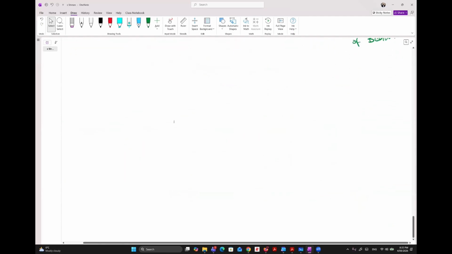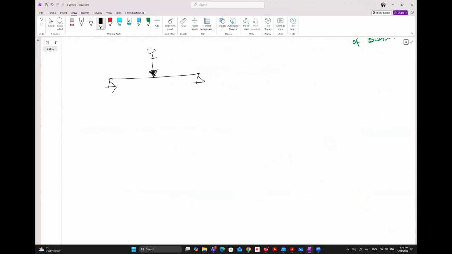So if we summarize this beam quickly, if we have a simple beam with a load P in the middle, how many reactions do we have? Two: P over 2 and P over 2. This is what we have done already, right? What is the next part?